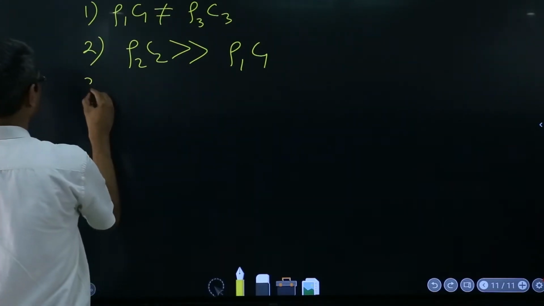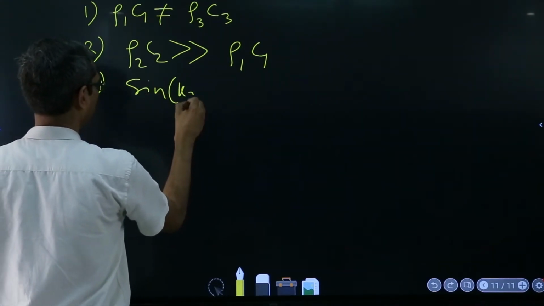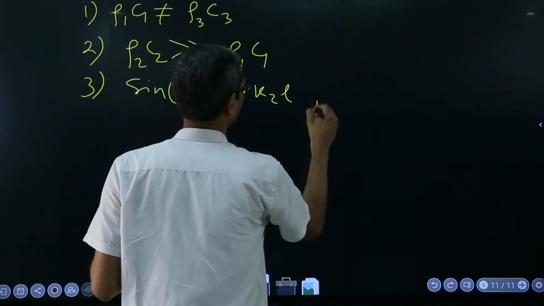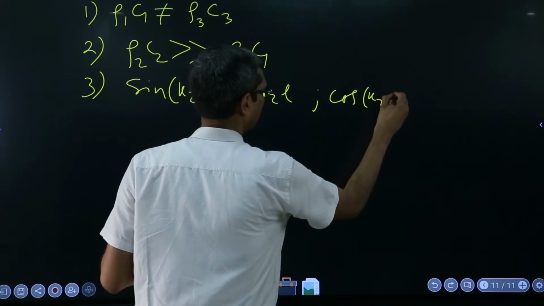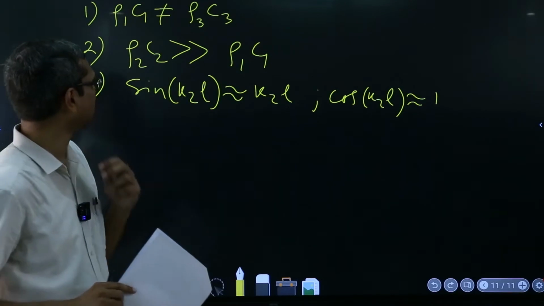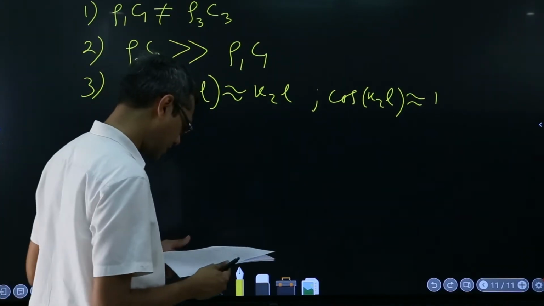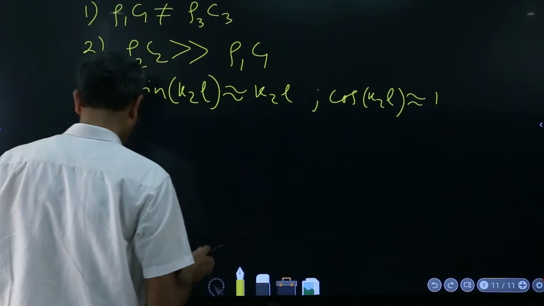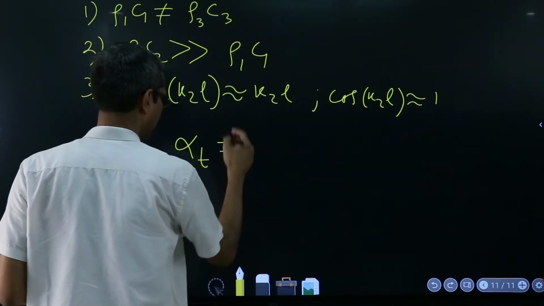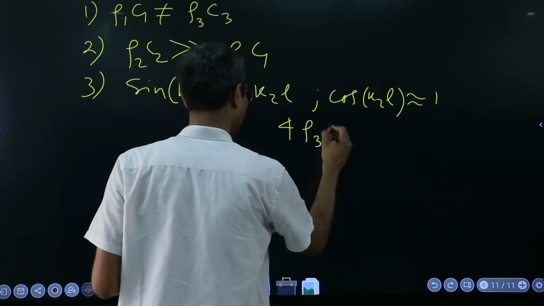Similarly again, sine of K2L is approximately K2L, and cosine of K2L is approximately 1. These are the conditions now. Through that expression, you will reach this expression for alpha t.